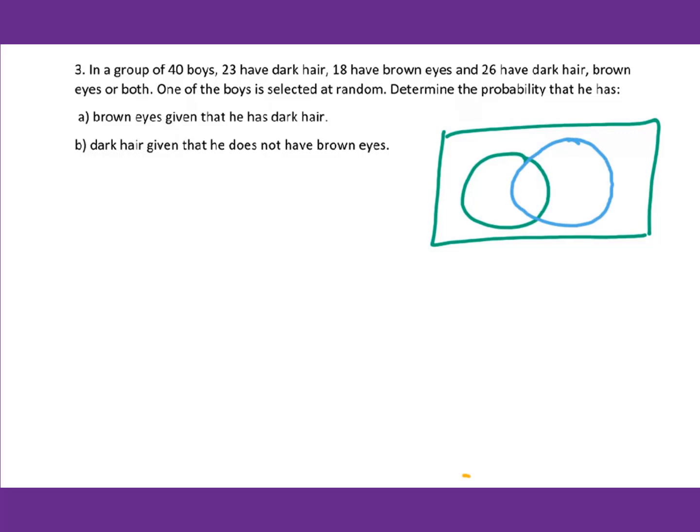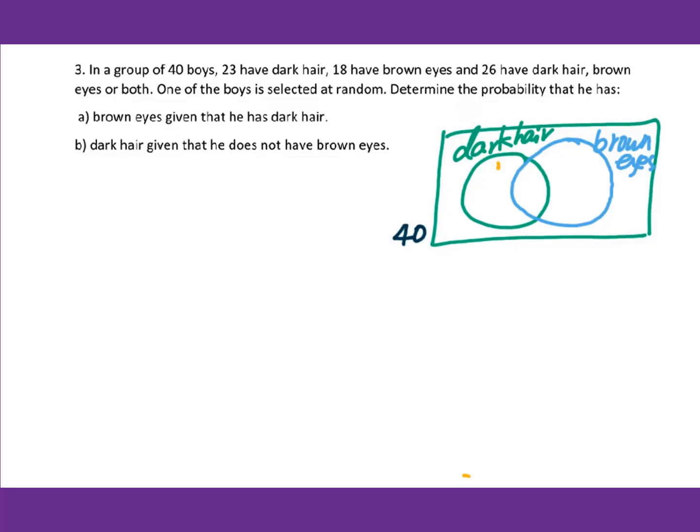Green circle means dark hair. For blue, that is brown eyes. Altogether, that's 40 students. How many will be the dark hair?